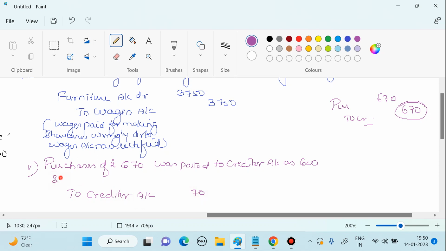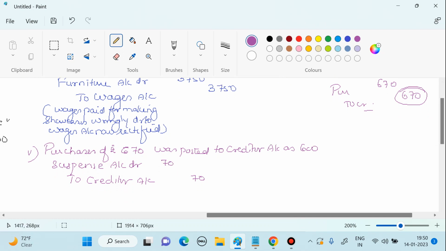And the other effect is suspense account, because purchase account has been correctly posted. So creditor account posted less by rupees 70, now rectified.